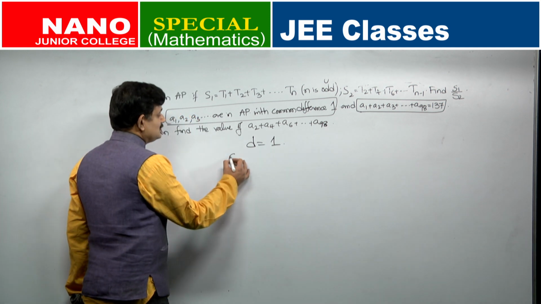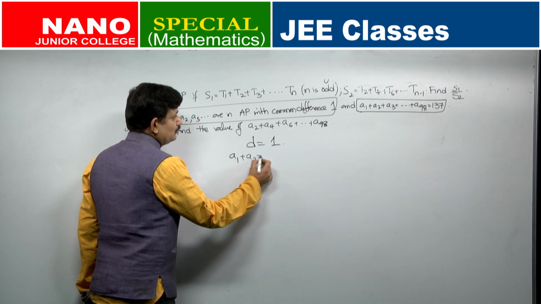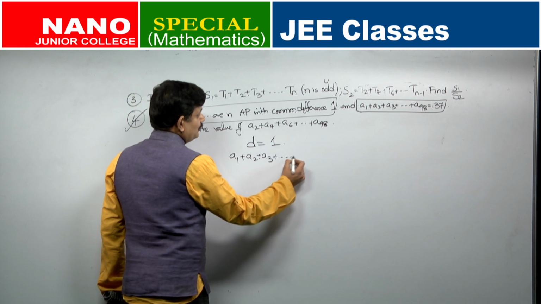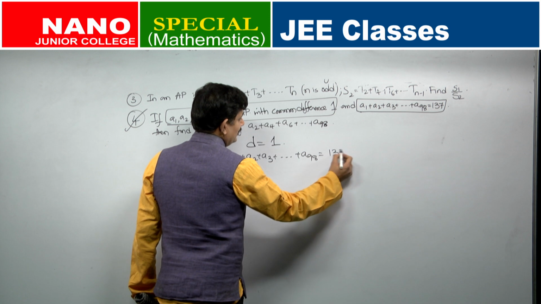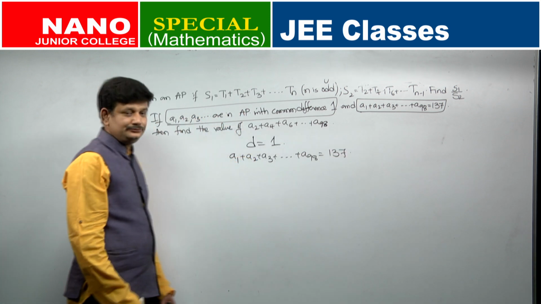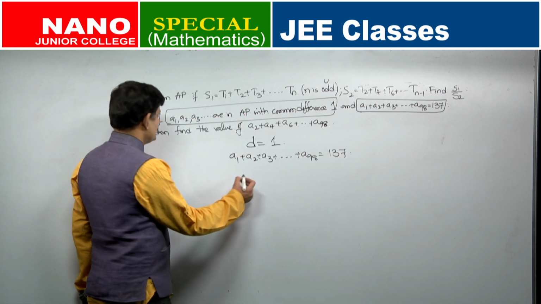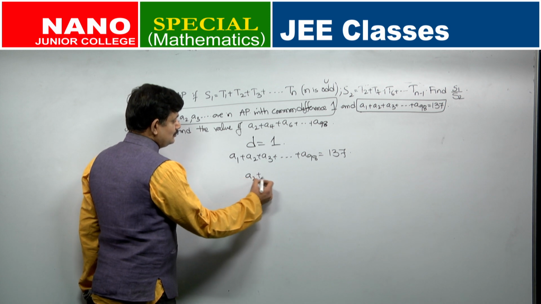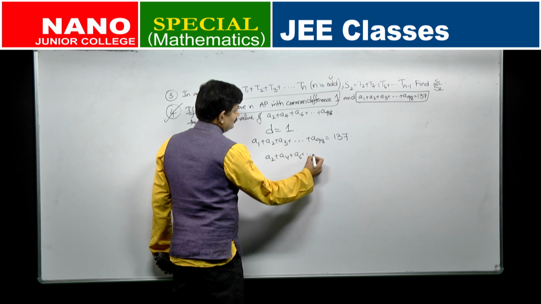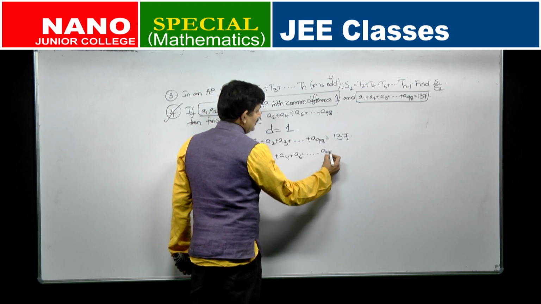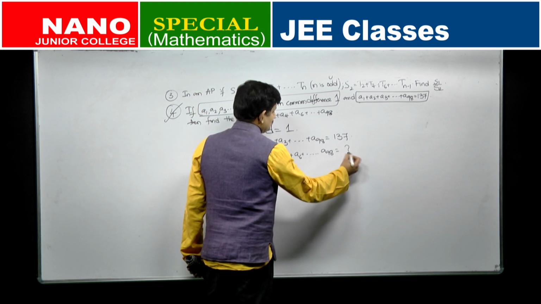And what else is given in the question? A1 plus A2 plus A3 and so on up to A98 is given to be 137. What is he asking you to find? A2 plus A4 plus A6 and so on up to A98. This is your question.